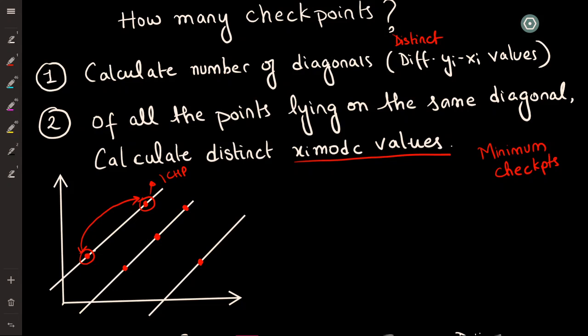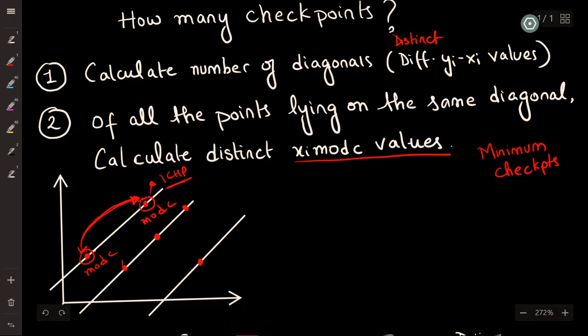So we can select one checkpoint over here, and because these 2 points lie on the same diagonal and the values of mod c are the same, they're reachable. So if I select only one as checkpoint, then I can send this point to it by applying some amount of moves.